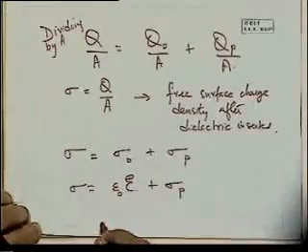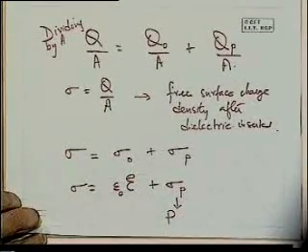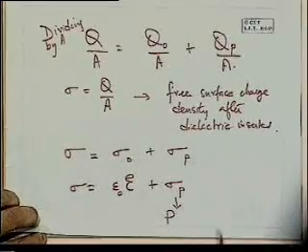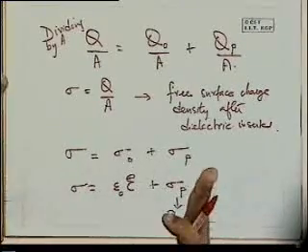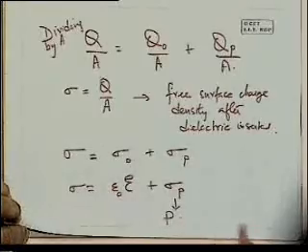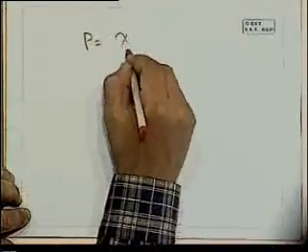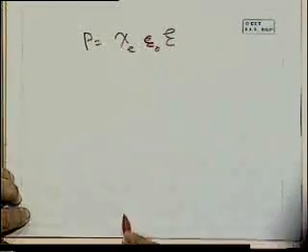Earlier we had seen that sigma P is nothing but the normal component of the polarization. In this case, because we are talking of the rectangular parallel plate situation, it's simply P. And we also had an expression for P in terms of susceptibility, as P is equal to chi epsilon naught times the field.